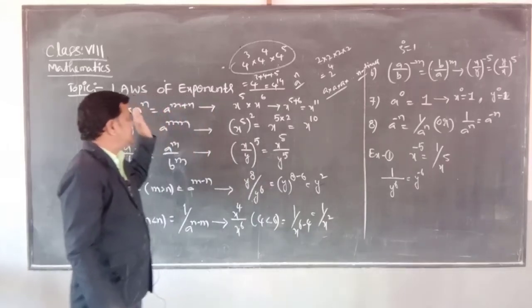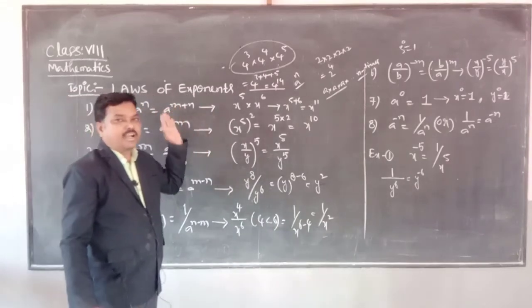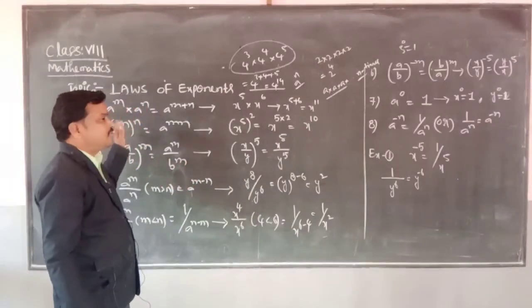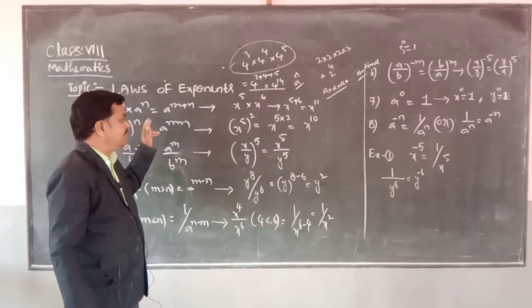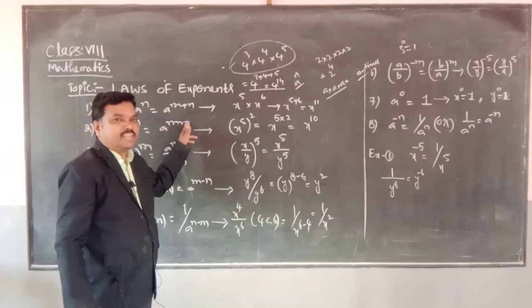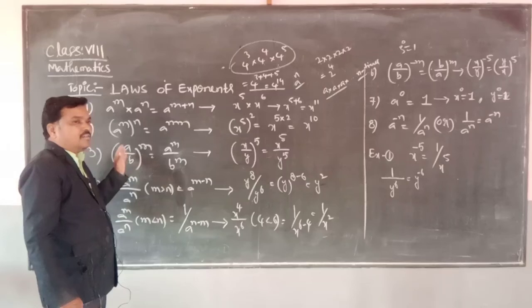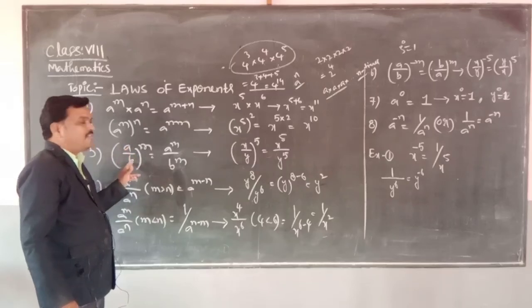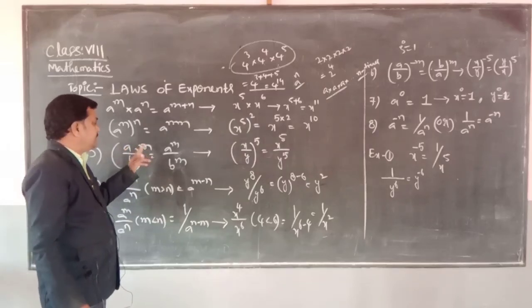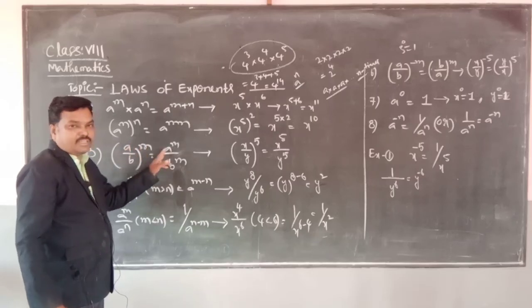First one: the two bases are the same, so we add the powers. Second: with the common base, two powers are given, and the two powers are multiplied. The third one is the quotient law, where one base is in the form of a fraction with one power, and that power belongs to the numerator and denominator.